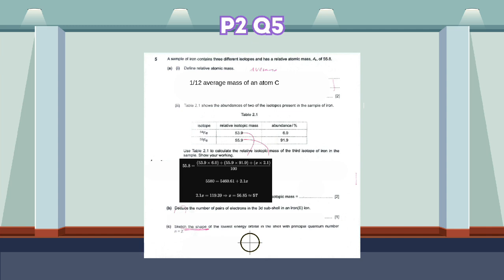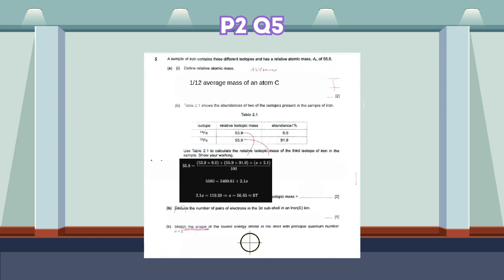The formula is 55.8 equals 53.9 times 6 plus 55.9 times 91.6 plus x times 2.1, divided by 100, and we got the value for x is 56.85, or we can say that the answer is 57.